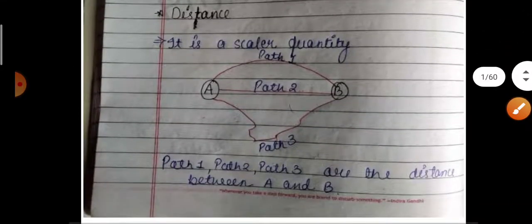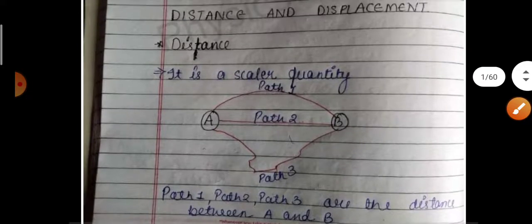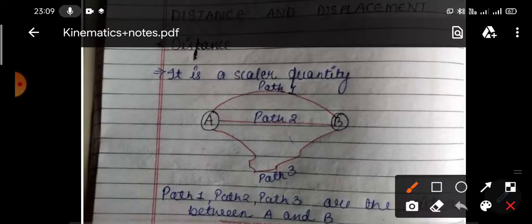So here you have 2 points, point A and point B. There are three paths from point A to point B: path 1, path 2 and path 3. Now you have to tell me which one is the distance and which path is your displacement.